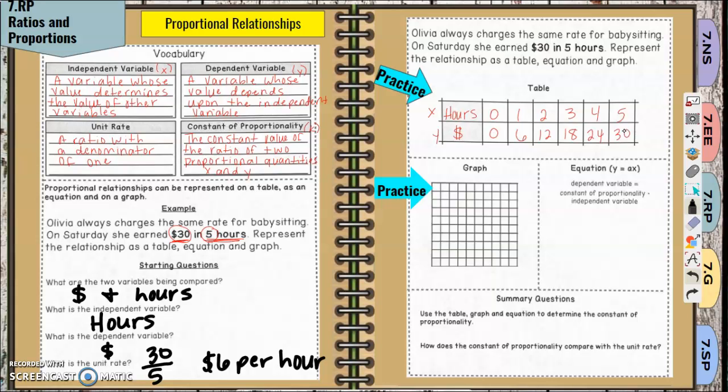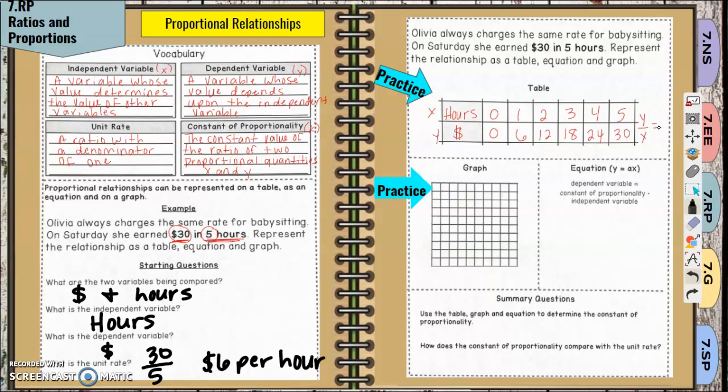So when we are identifying the constant of proportionality, when we're looking at a table, we're going to divide Y over X. You can pick any of the inputs and outputs on this table.